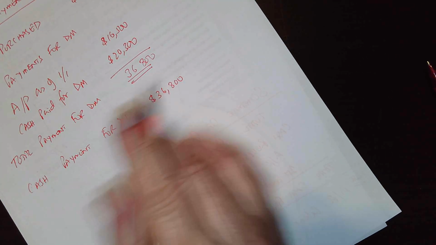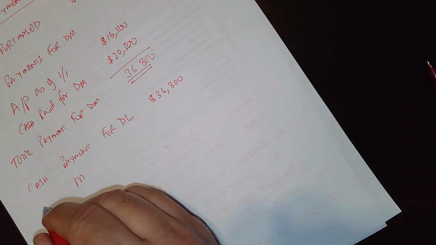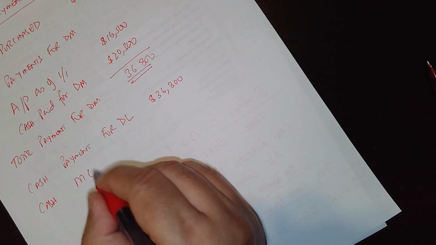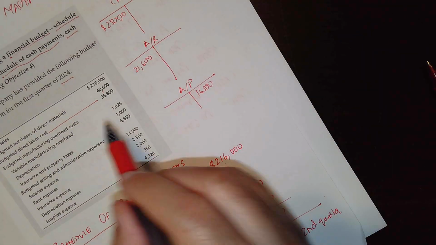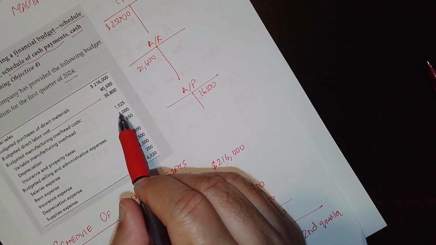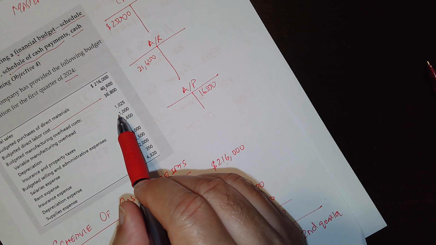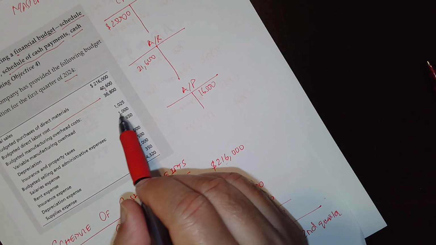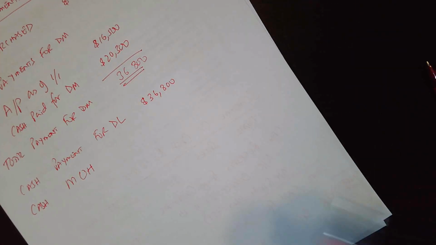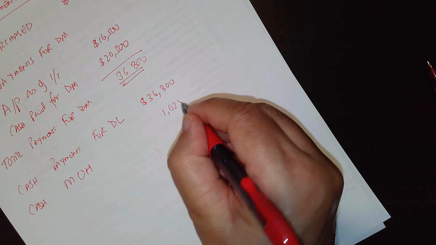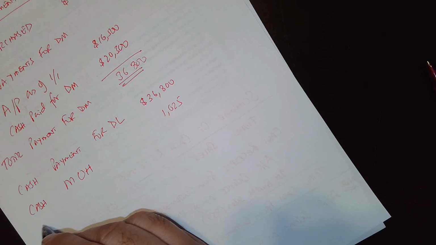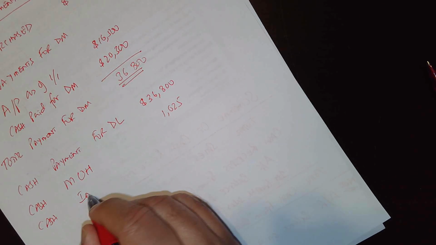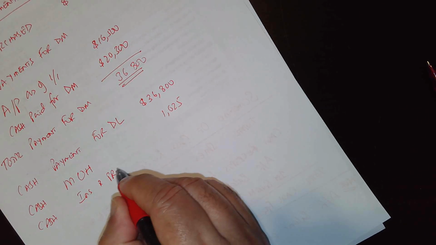And then manufacturing overhead, cash payment for manufacturing overhead, we already know we have to pay $1,025. And then we have to pay cash for insurance and property tax.